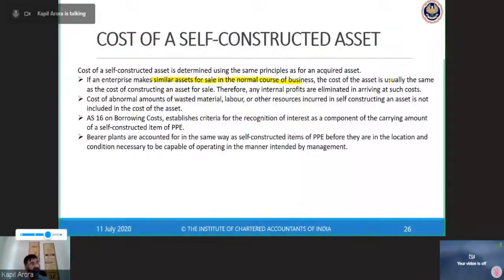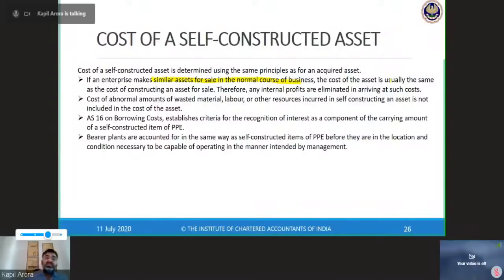I cannot renovate myself, so I have engaged a contractor who will renovate it for me in one month's time. He has renovated it. Now once the renovation is done, I have to put all the stuff back on the shelves to make sure that my shop looks nice and customers can buy products. That cost, or the employees working on that area, will never be added in the value of the asset. That is again the assumption you can consider, since they are not working on the renovation part.